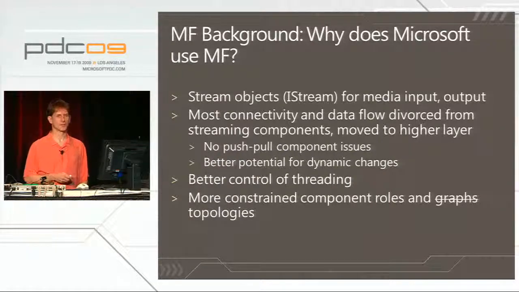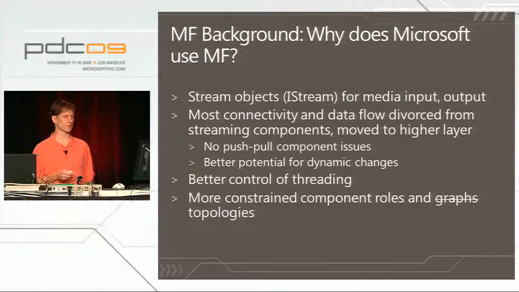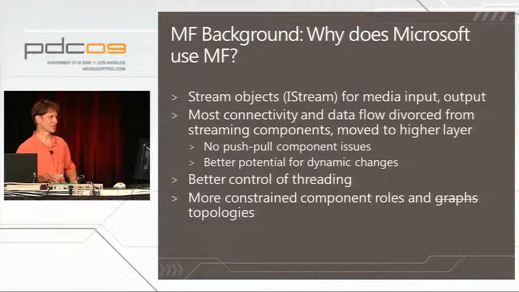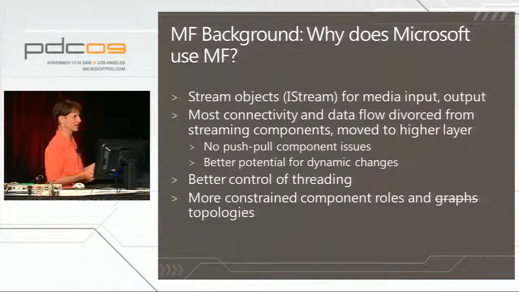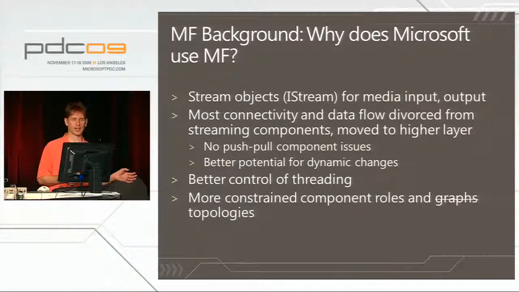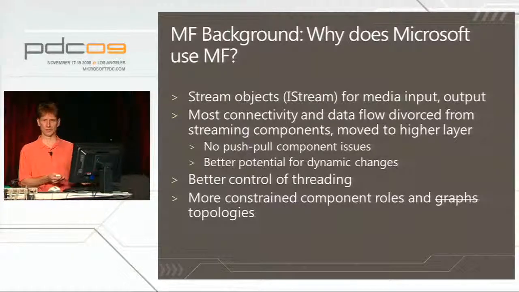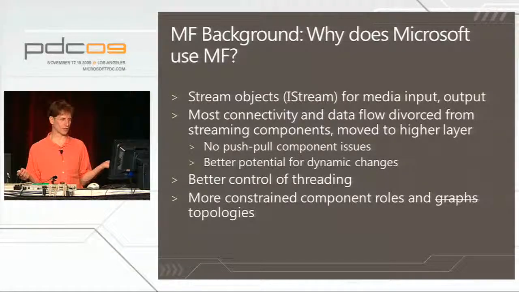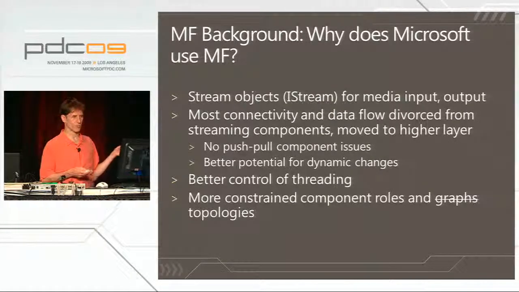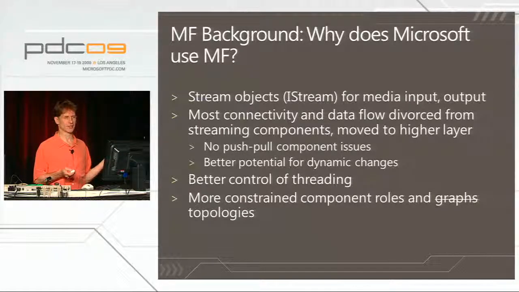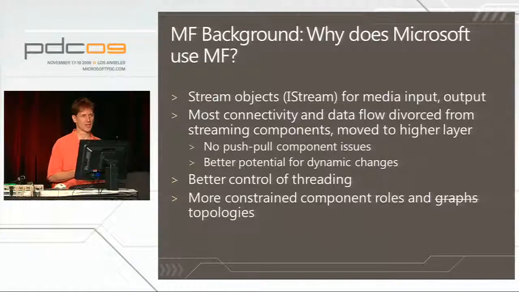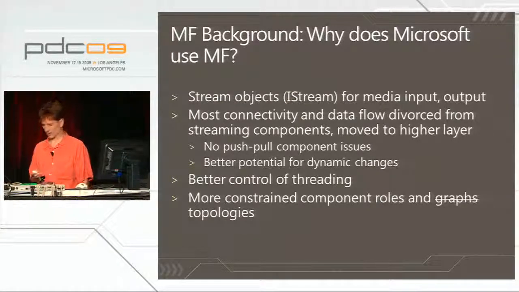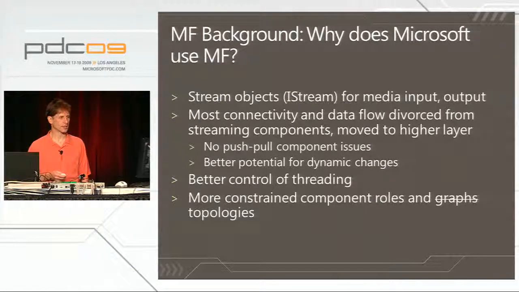Okay, so why do we use Media Foundation? In DirectShow, if you're used to it, you have filters for file sources, filters for demuxes and muxes, filters for codecs. What we run into is that in a newer OS paradigm, we want to make use of the IStream object in general for input and output.